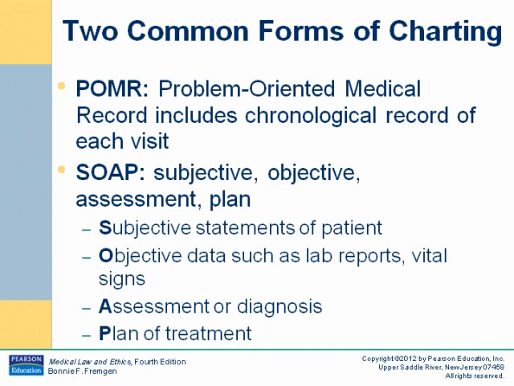There are two common forms of charting, which is the POMR, the problem-oriented medical record, includes what happens at each visit, which is, you probably have seen the acronym, SOAP, the subjective, objective, assessment and plan. Subjective is, what does the patient say?